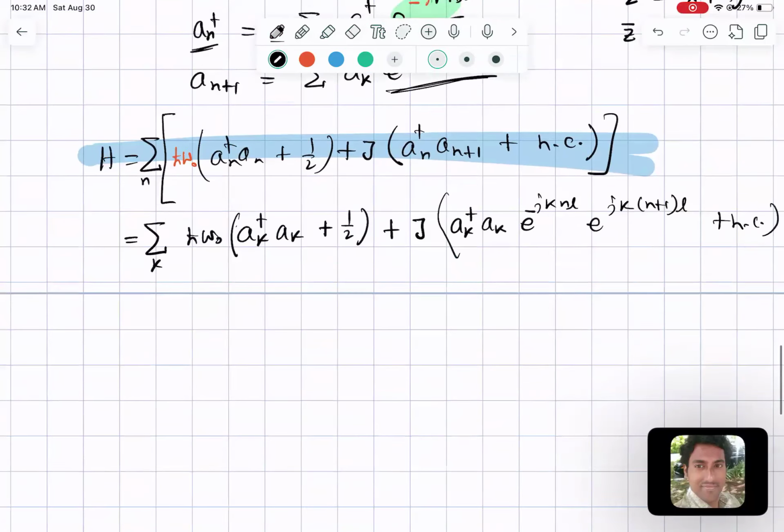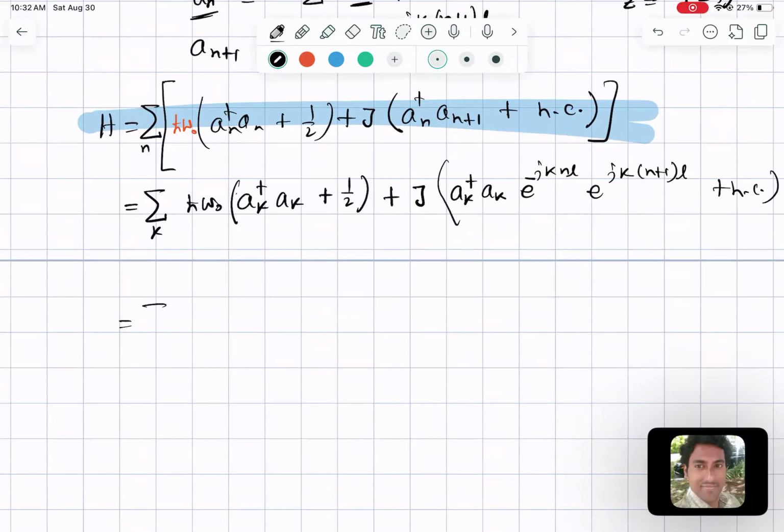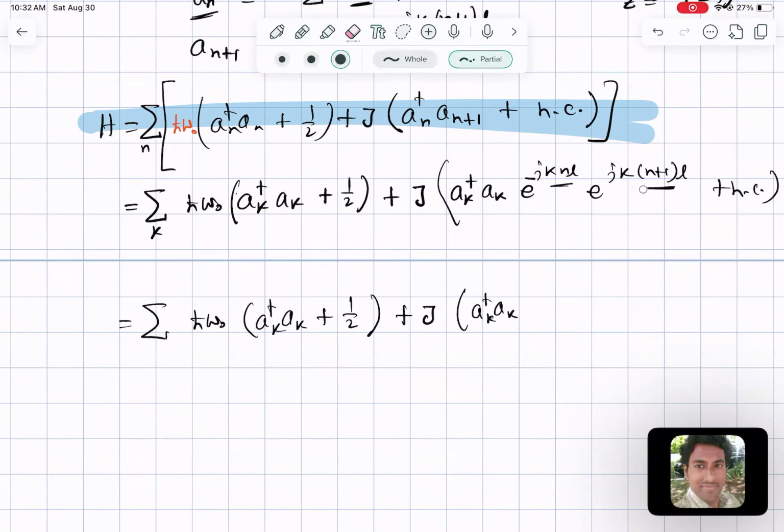So what do we get? The next line, we have the sum over K, h bar omega naught, a dagger a in K space plus half, plus J. Here we get a dagger a in K space, and the exponent, you see, here we have n plus 1, here we have 1. And since if you take a product of two exponentials, the exponents get summed. So we are left with e to the power i K L.